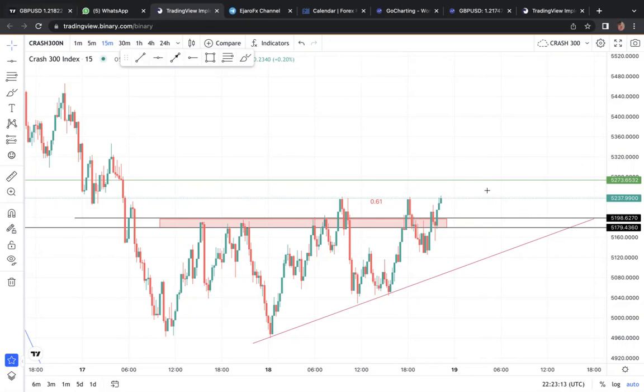Now, if you check the monthly of GBP USD right now, you see that the market has been falling, right? It has been falling and falling and falling. So in this kind of a market, the only thing you should be looking out for is, no, this is monthly.